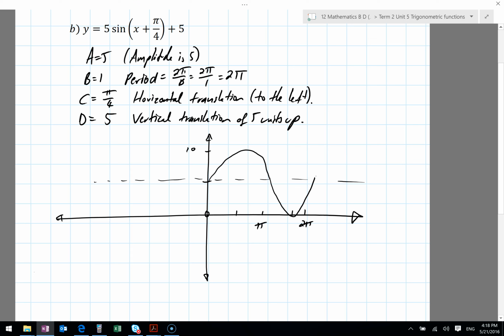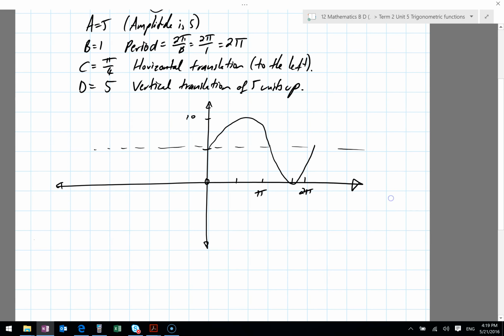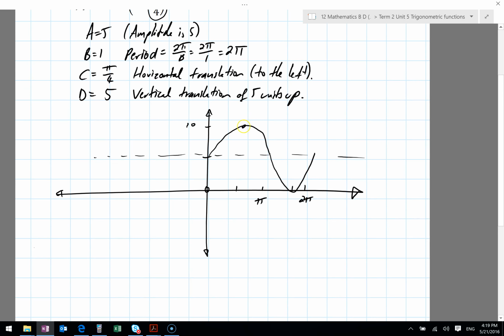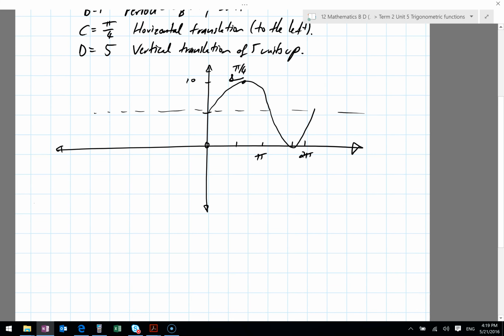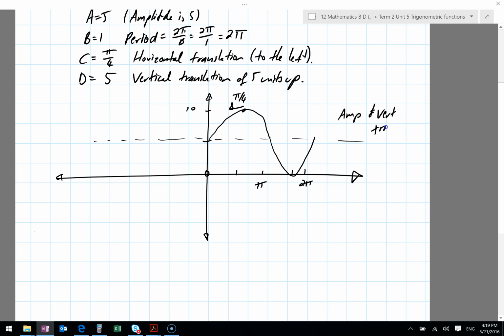And unfortunately, this phase shift of pi on 4 is going to be a little bit frustrating. So the way it's going to work is that all of these points are going to be shifted pi on 4 units to the left. So we've only looked at the amplitude and the vertical translation.